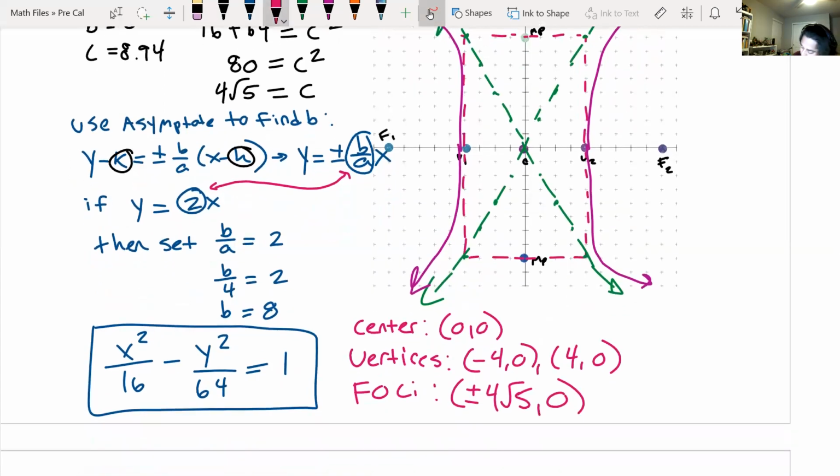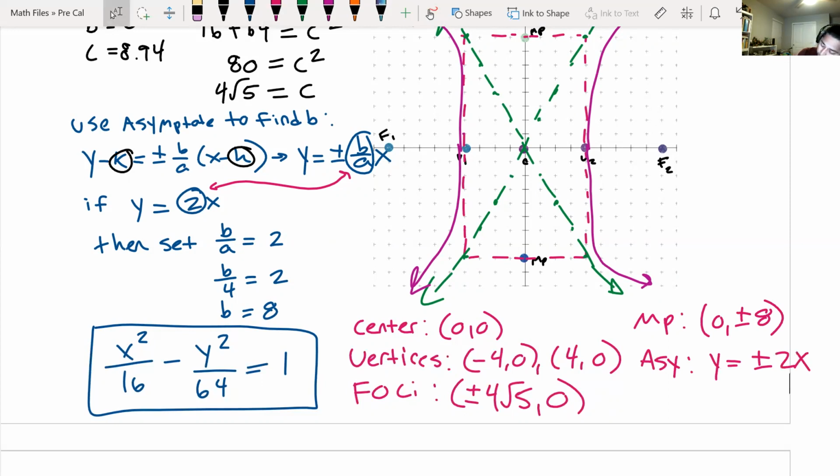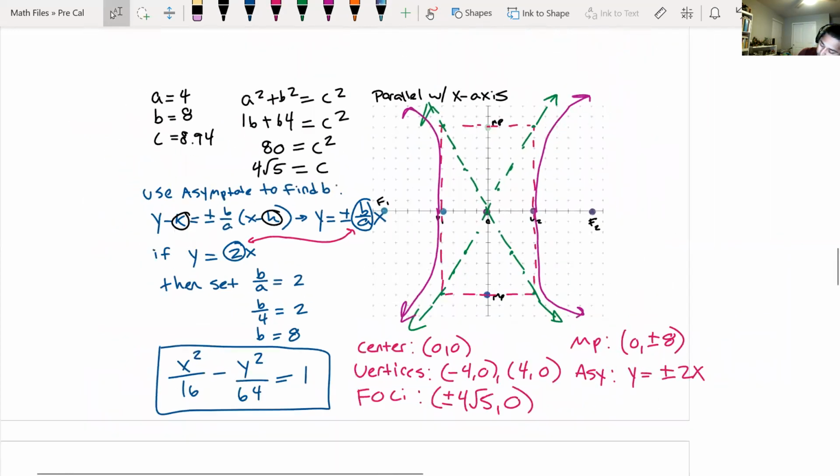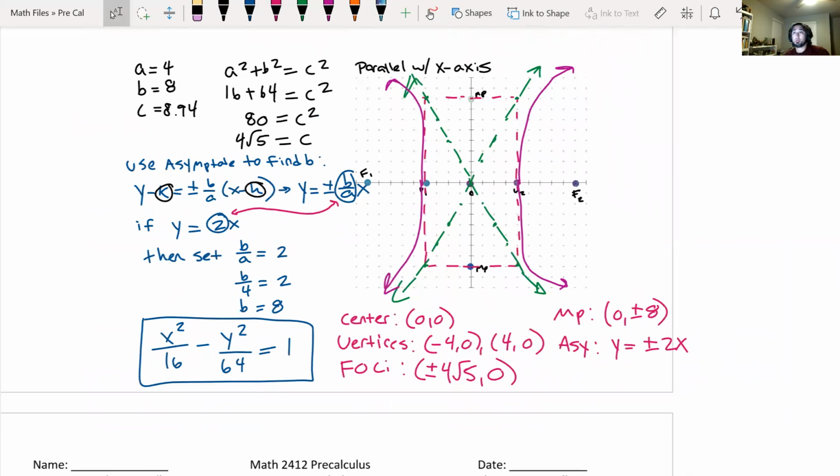Minor points are at 0 and plus or minus 8. And they give us the asymptotes, but I'll rewrite them anyways as y equals plus or minus 2x. And there we go.